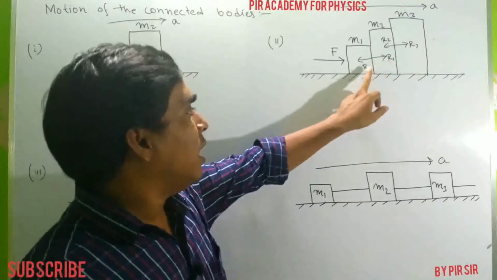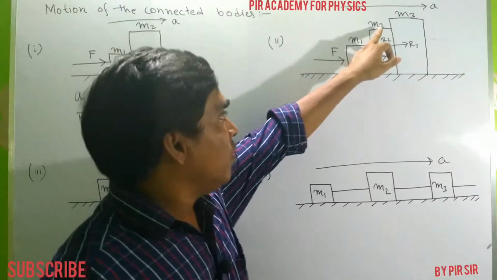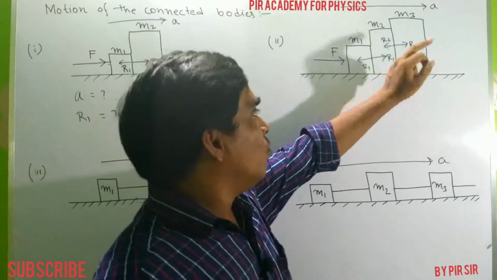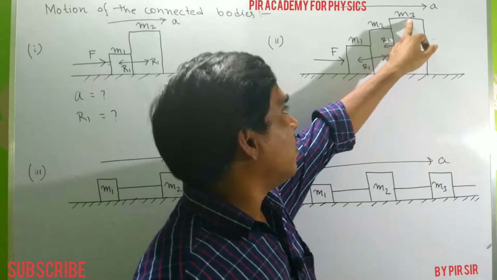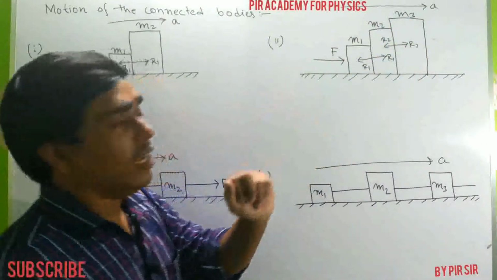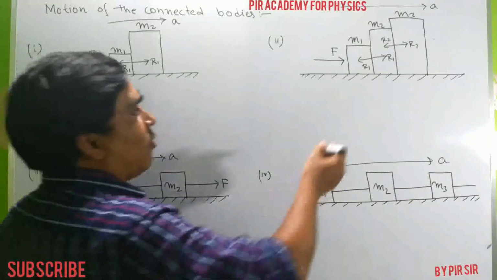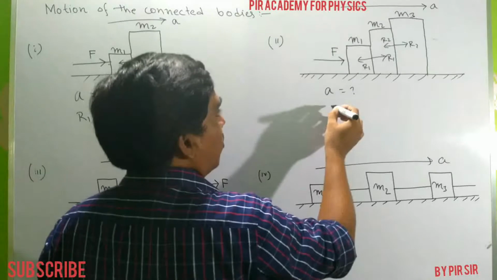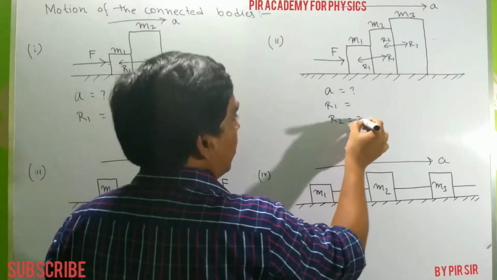The R1 force is exerted by mass M2 on M1, and the R2 reaction force is exerted by mass M3 on M2. Here we have to calculate the magnitude of A, the magnitude of R1 and the magnitude of R2.